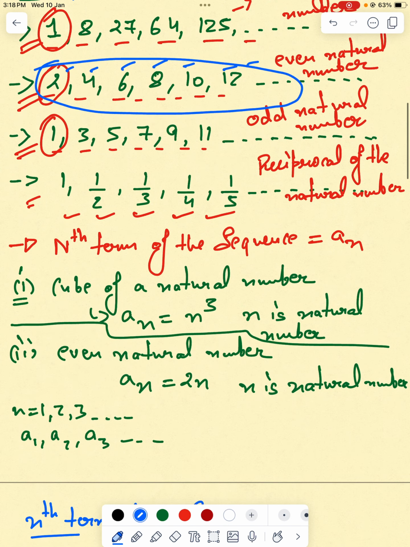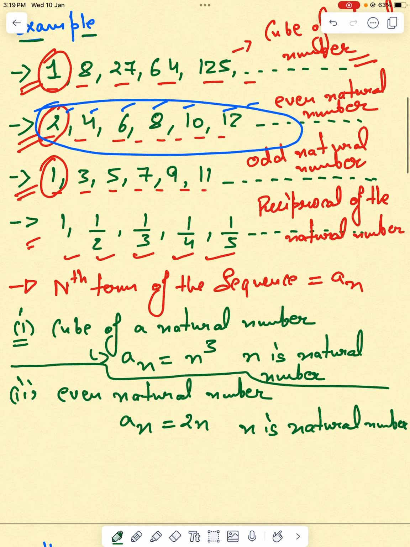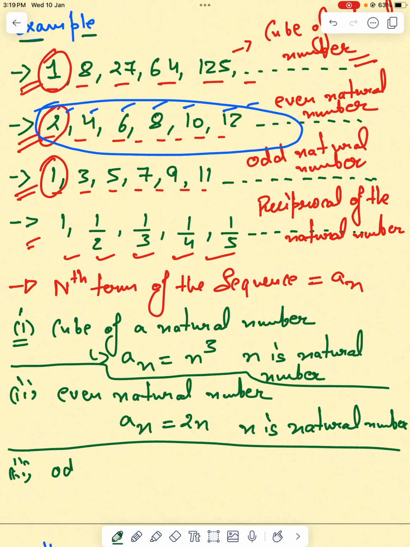Okay, so what about your third sequence? Can anybody guess how to express its nth term? Since it's the sequence of odd natural numbers in ascending order, the nth term will be equal to 2n minus 1, right? n is again a natural number.